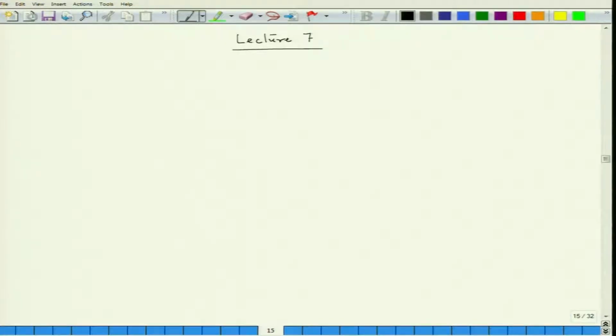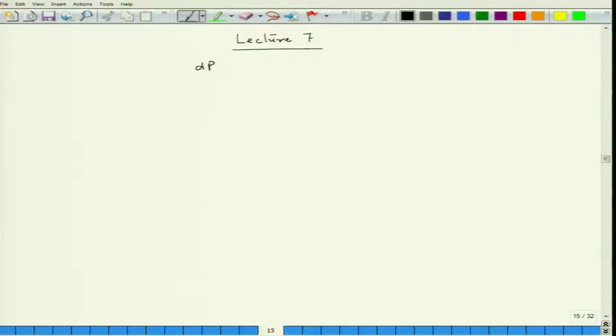Now, in our last lecture we ended with an equation which is giving equilibrium between solid and liquid, and that time we have written it like so. This was the equation we ended in our last lecture.